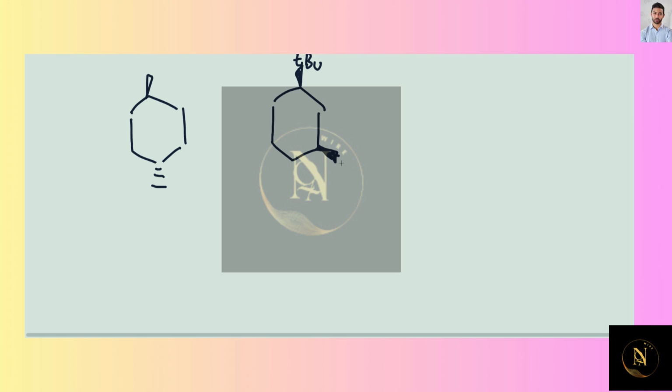And the question is, which of these will have a higher percentage of the diequatorial-substituted conformer compared to the diaxial-substituted conformer? So to answer that, I think it would be worthwhile to draw the chair conformations of these molecules.